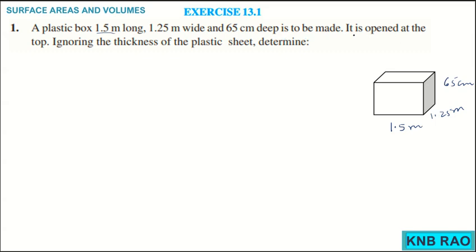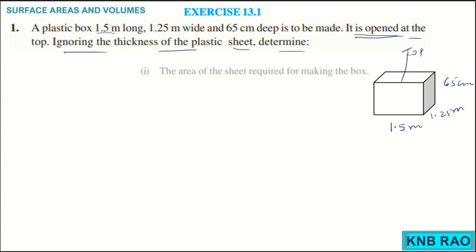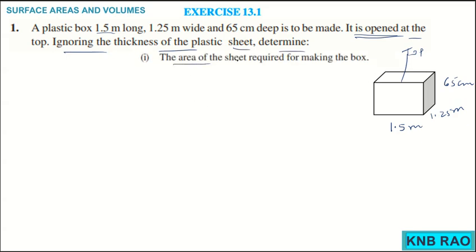It is open at the top. So here the top is not covered, it is open. Ignoring the thickness of the plastic sheet, determine the area of the sheet required for making the box.